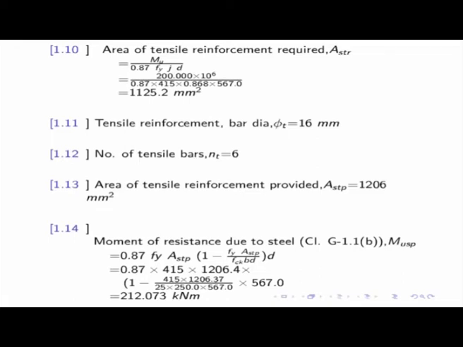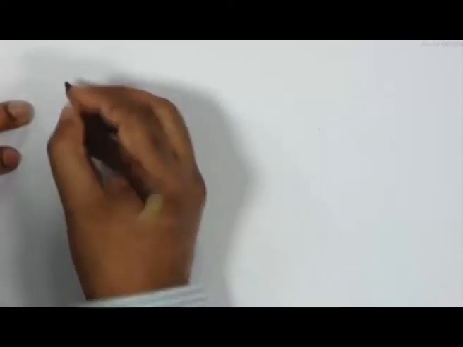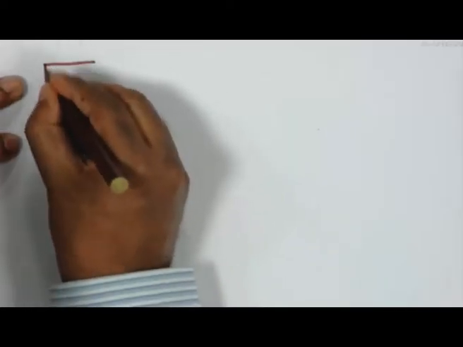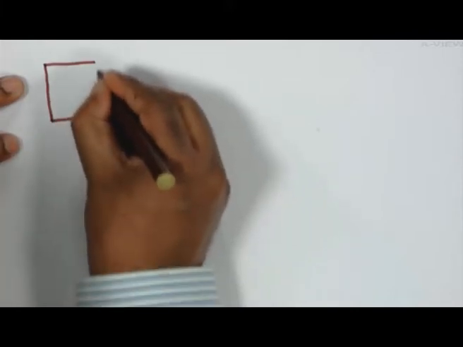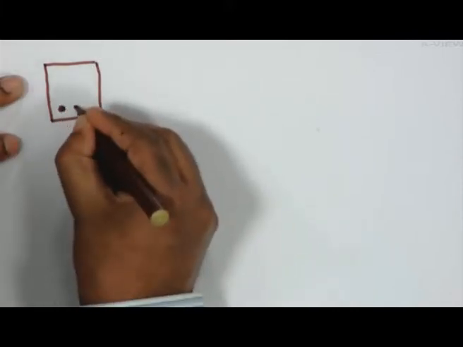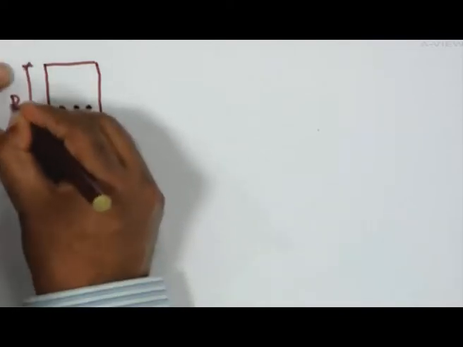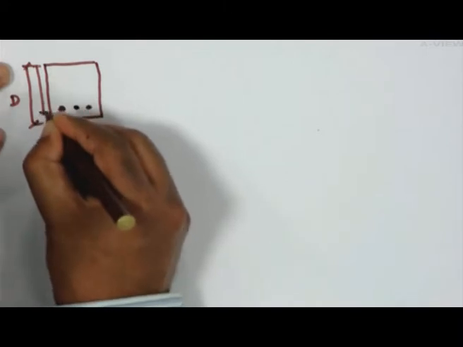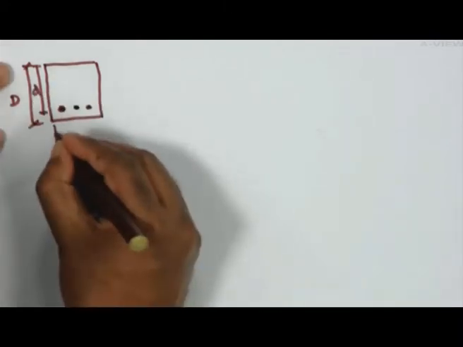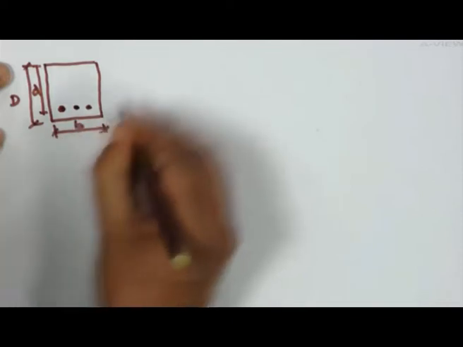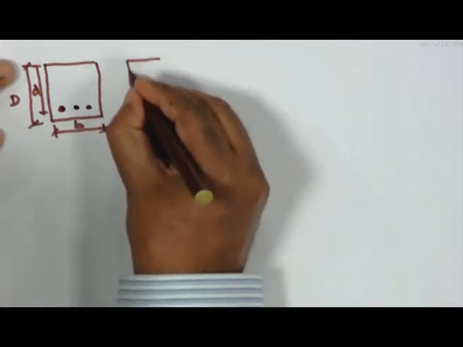So area of tensile reinforcement required is Mu by 0.87 fy J d. Just to give you an idea what exactly it means, we are having a section. This is the area of steel I have to provide, this is my overall depth, then I have d, this is b. The section looks like this.